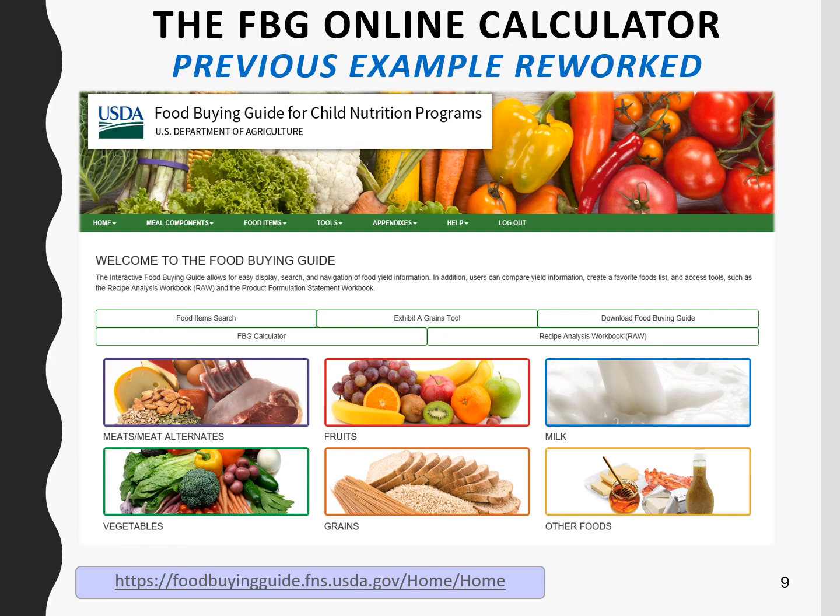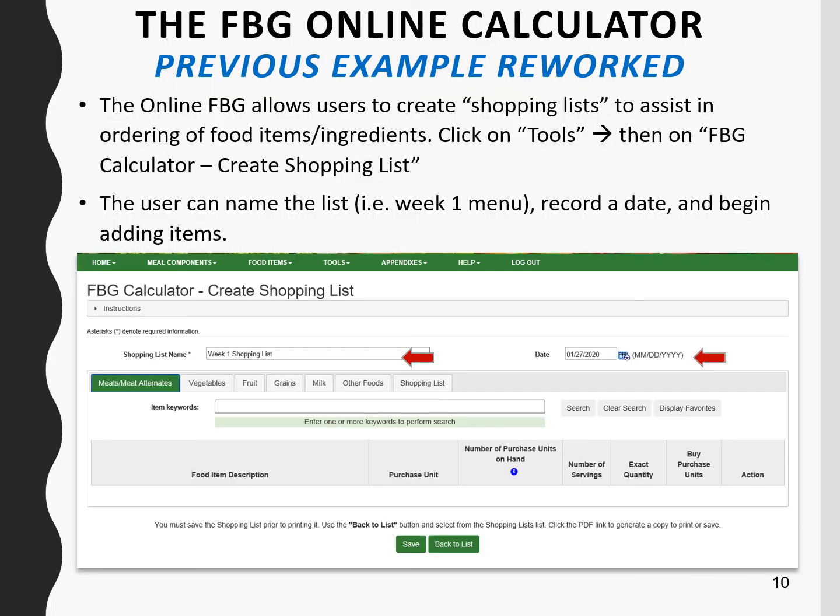We can also use the Food Buying Guide online calculator to rework the previous example. The online Food Buying Guide allows users to create shopping lists to assist in ordering of food items and ingredients. Click on the tools, then on Food Buying Guide Calculator, and create your shopping list. The user can name the list, record a date, and begin adding items.